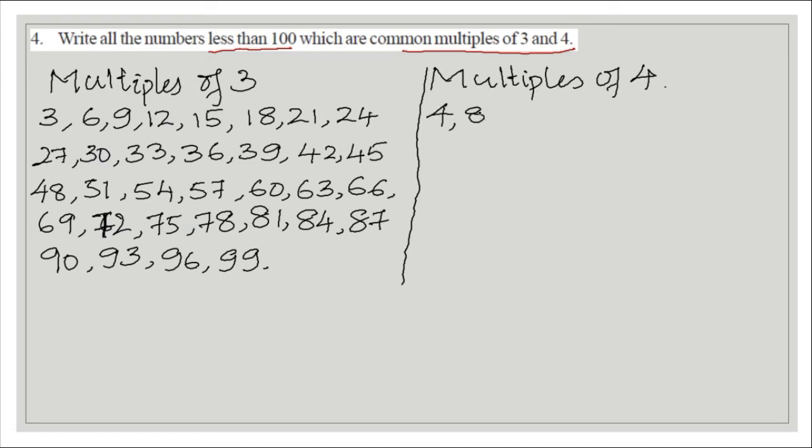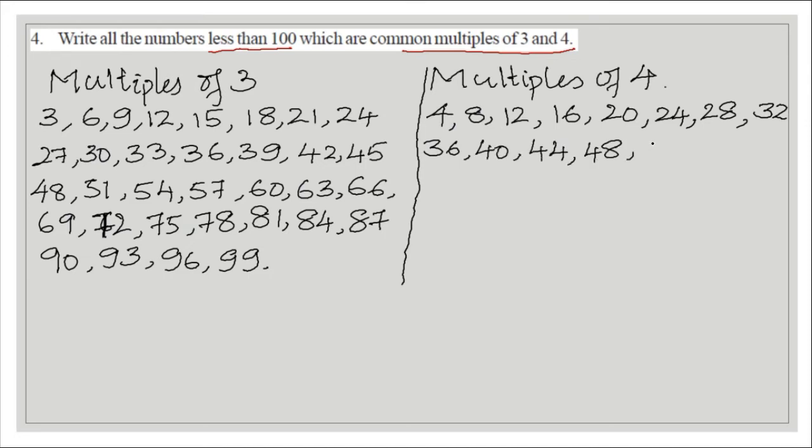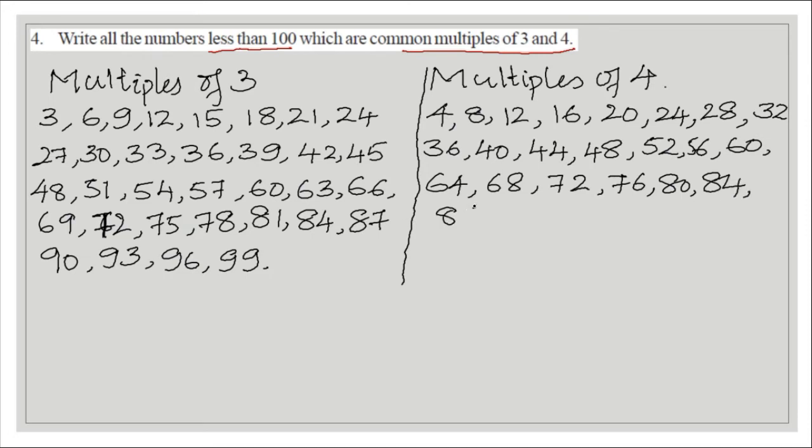They are 4, 8, 12, 16, 20, 24, 28, 32, 36, 40, 44, 48, 52, 56, 60, 64, 68, 72, 76, 80, 84, 88, 92, 96, and the number 100 is also divisible by 4. However, we need numbers less than 100, so let me not consider this.